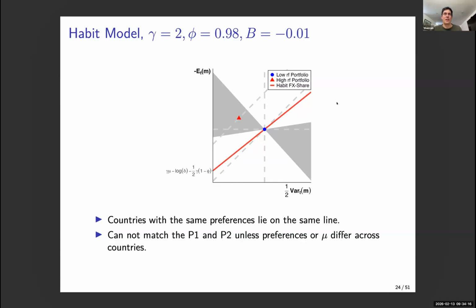Okay. So Dongchen, you were asking, can't we have different lines? Yes, you can, but you have to do one of two things. So here's the frustrating thing.